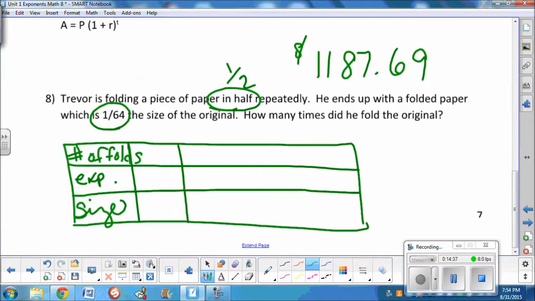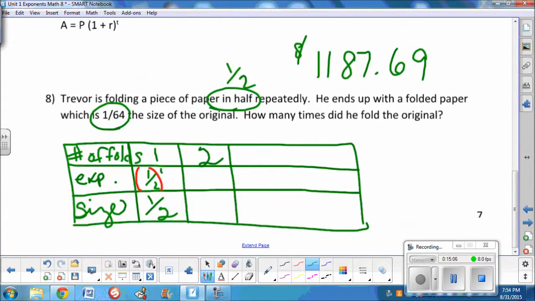So if we have 1 fold, okay, that's 1/2 to the first power. I'm going to put that in parentheses. Got a fraction there. Okay. So in the size, 1/2 the original size.